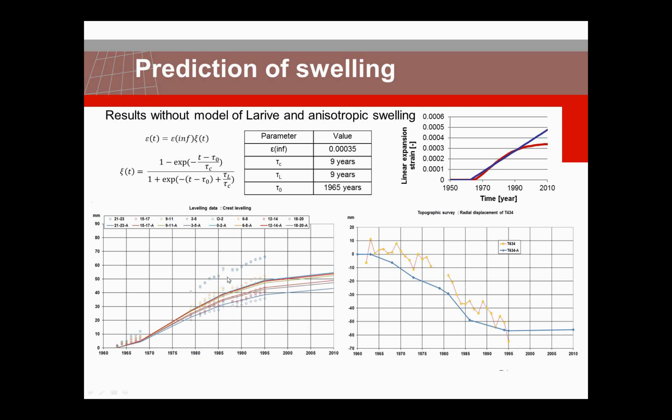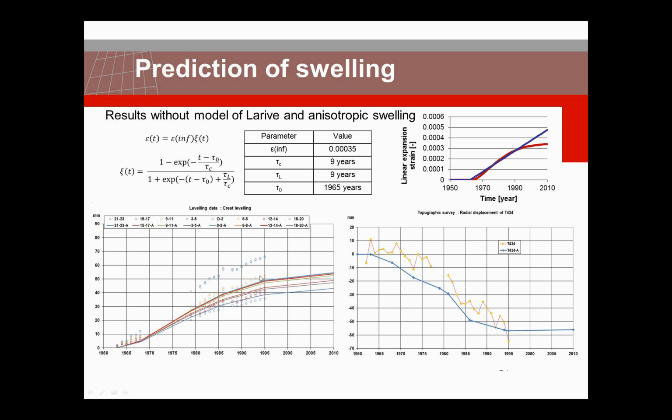These measurements we didn't consider, since we didn't consider this construction in the analysis, so we have neglected these series of measurements. This is the leveling, so the vertical displacement as a function of time of different locations. And here you see the radial displacement of the crest.